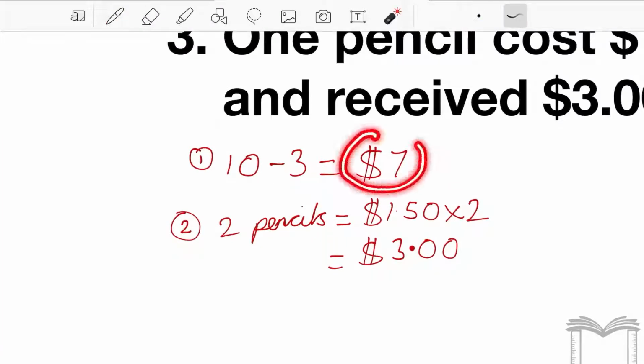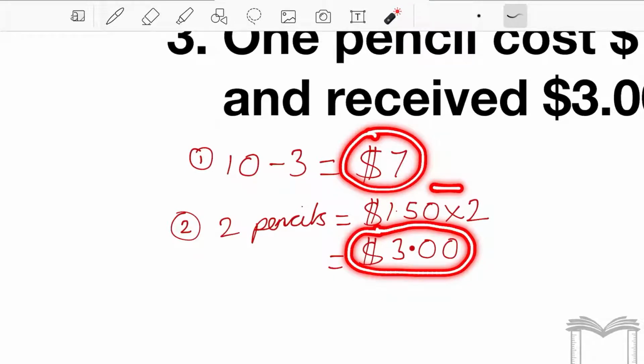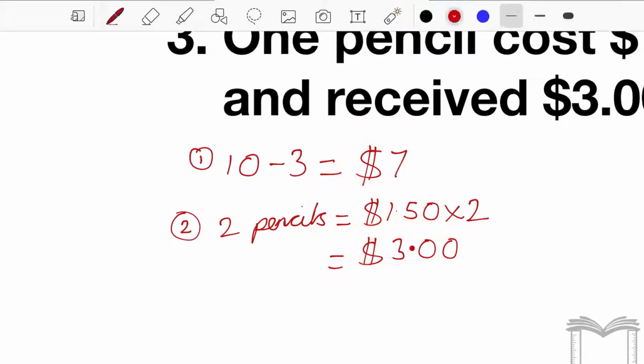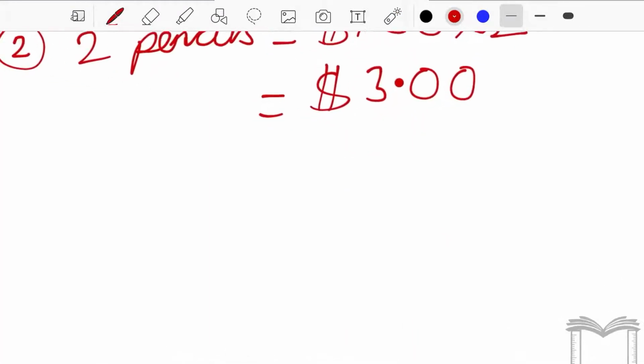So we know that he spent $7 in total. The pencils cost him $3. So the pens would be the total take away the pencils. So let's work that out.